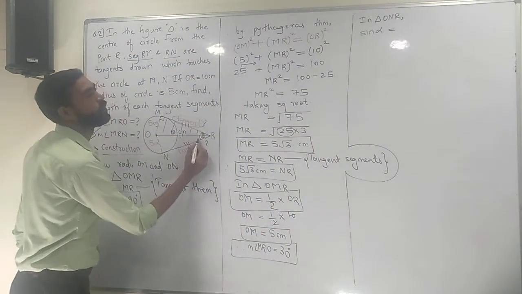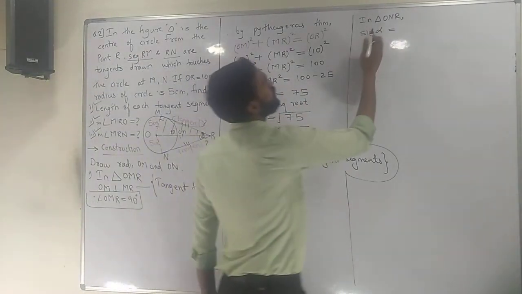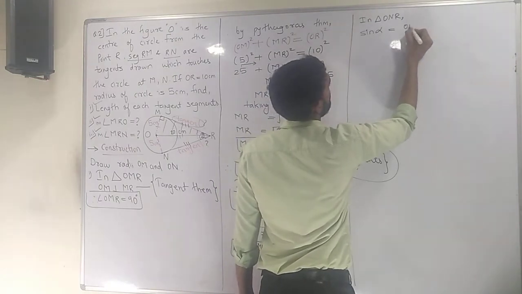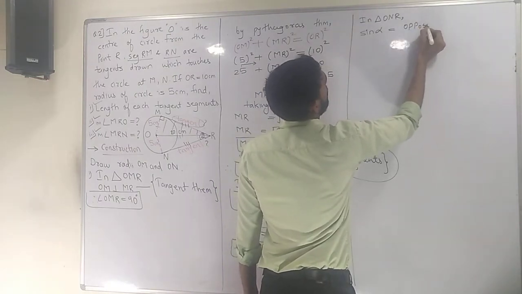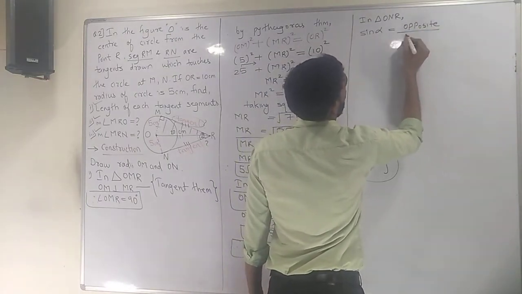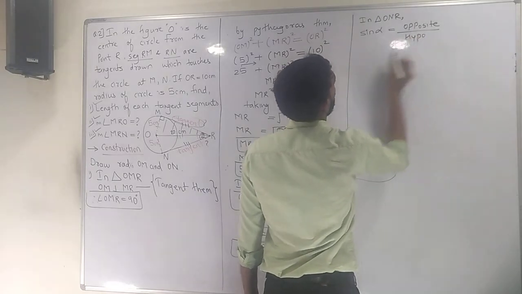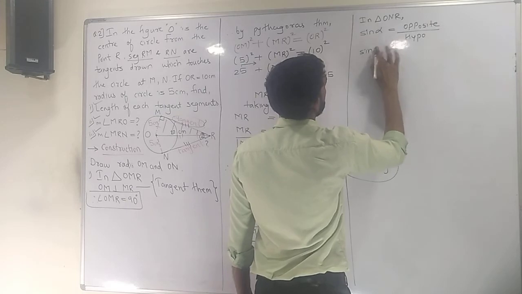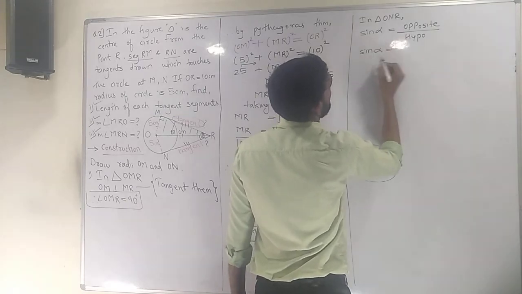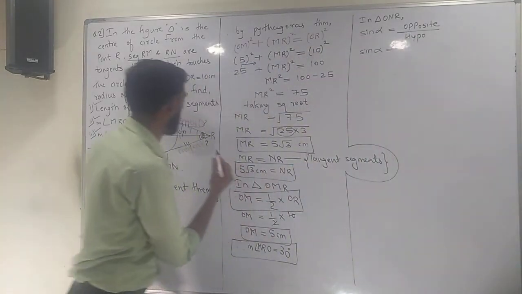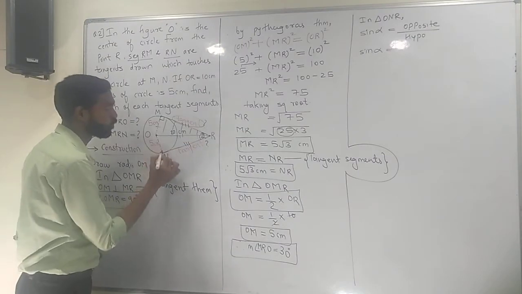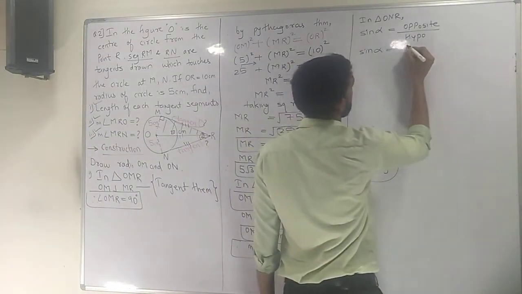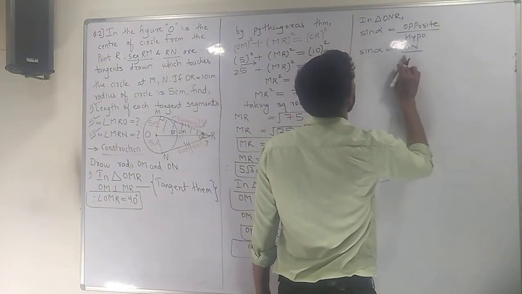This is my alpha. What is the formula for sine? Sine says opposite upon hypo. Opposite to alpha is ON, so I am writing here ON upon hypo.